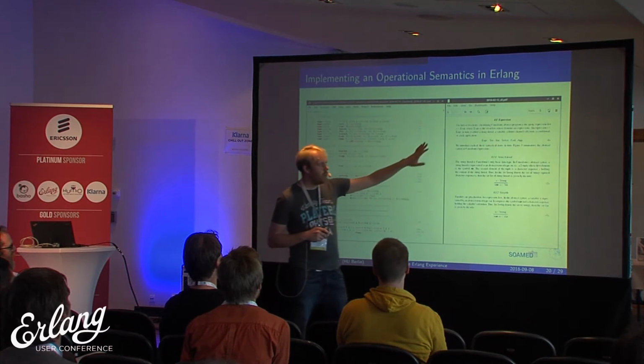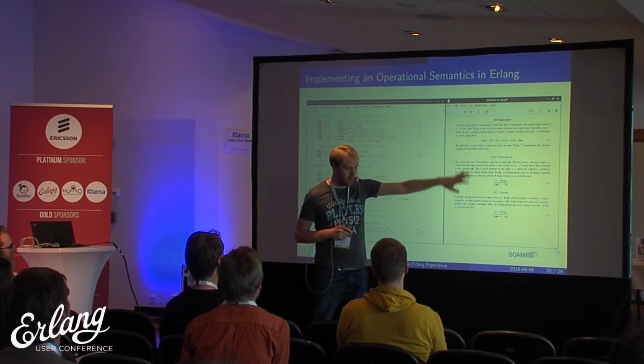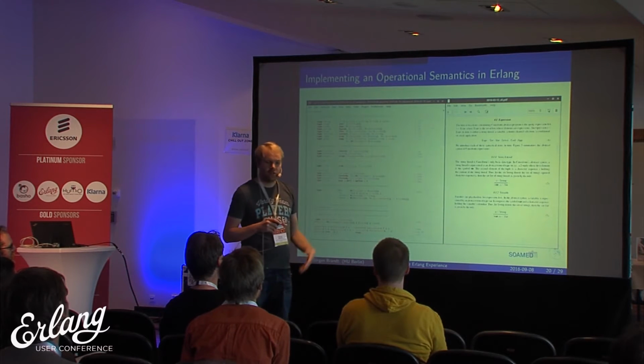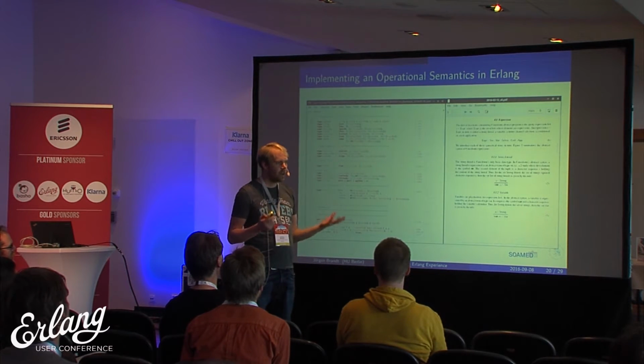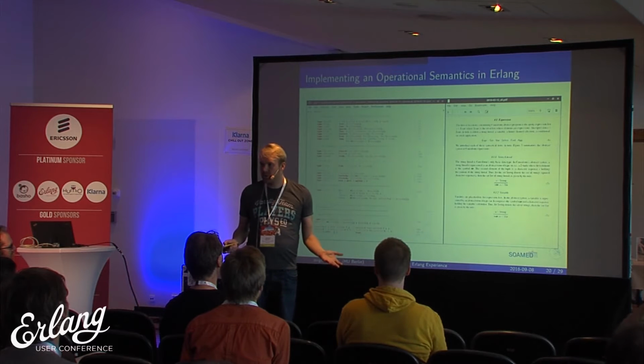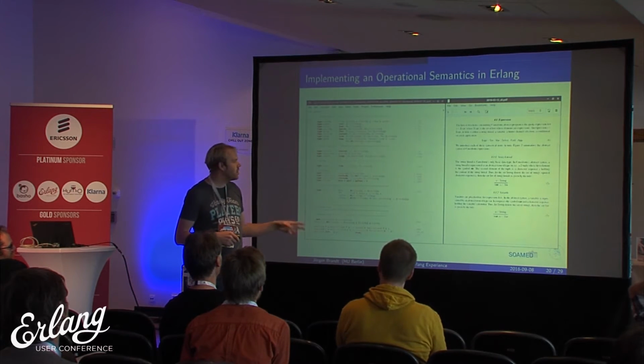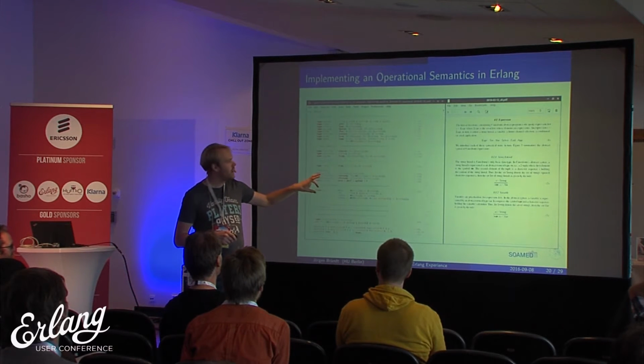So when you have come up with an operational semantics, or a semantics in general, then it's very easy to also create interpreters in other programming languages like Java or Python. And right now, I'm also maintaining a Java version of this thing.